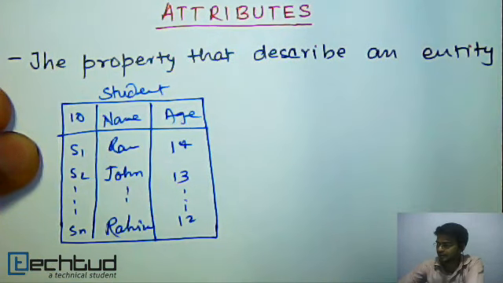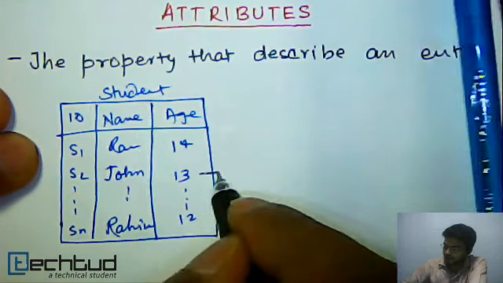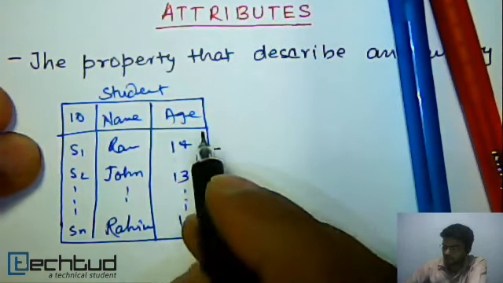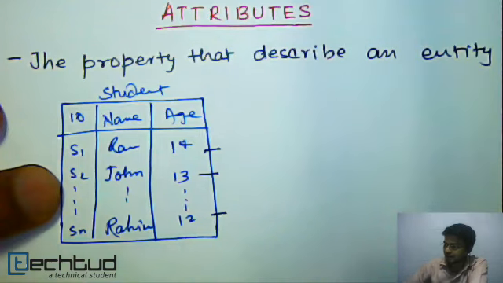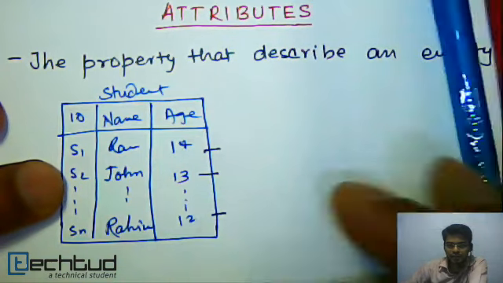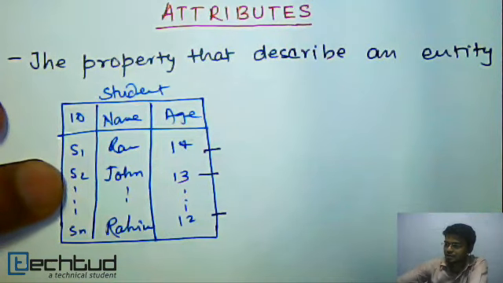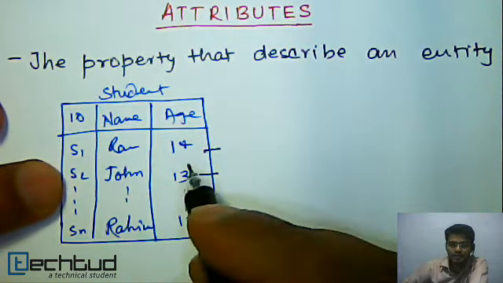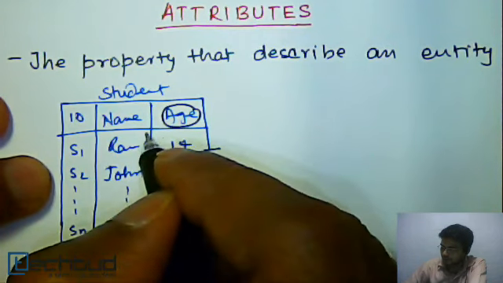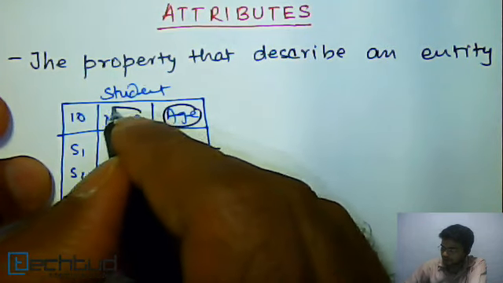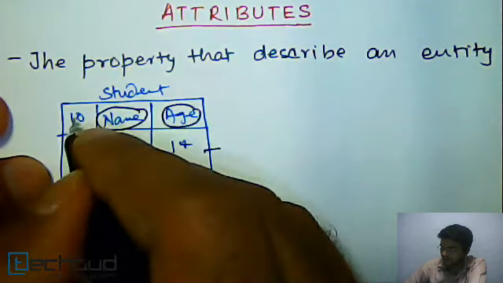Here also we have taken the same example, and if you consider these are entities, right? We already discussed. So each entity here is described by a property, which is basically this age. Okay, age is a property of entity, right? Another one is name, another one is ID.